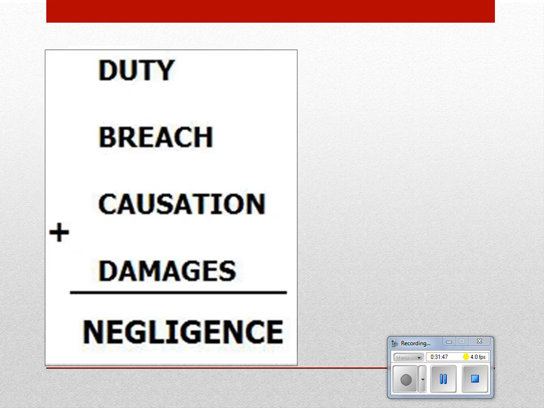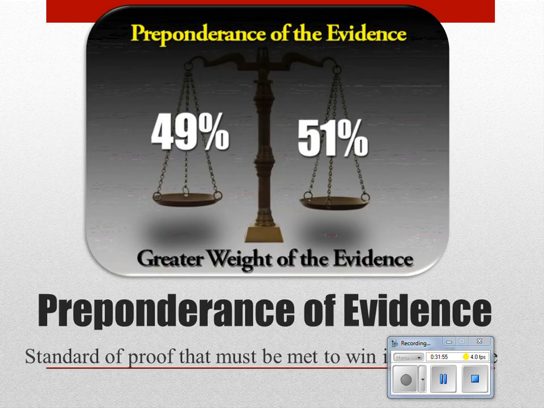All right. So here's our formula. If we have duty and we have breach and we have causation, and we have damages, then we have negligence and we have a tort. We find torts by a preponderance of the evidence. Remember, in criminal law, we said it had to be beyond a reasonable doubt. Remember that whole talk?